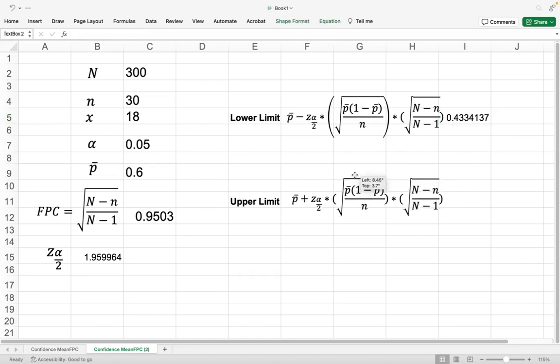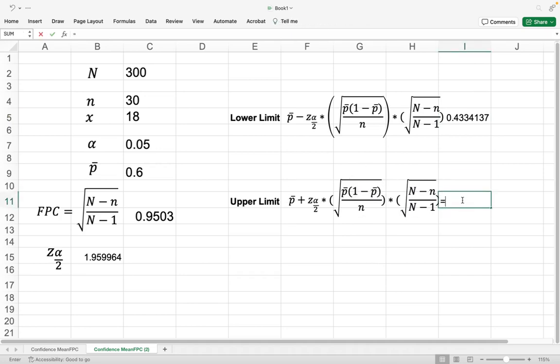Let's find the upper limit. To find the upper limit of the confidence interval: P bar plus Z alpha divided by 2 times square root of P bar times 1 minus P bar divided by sample size n.